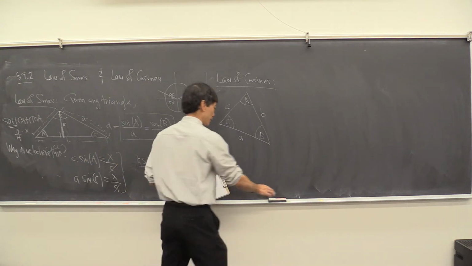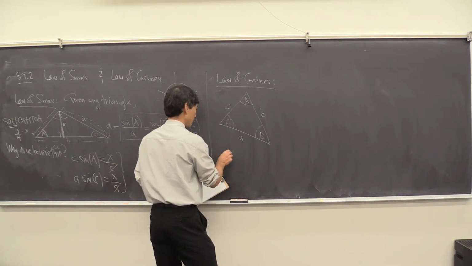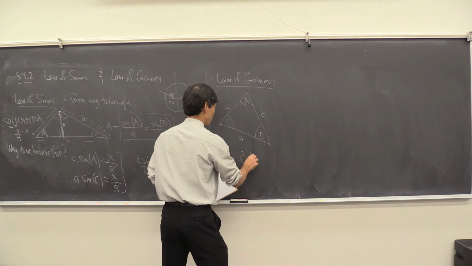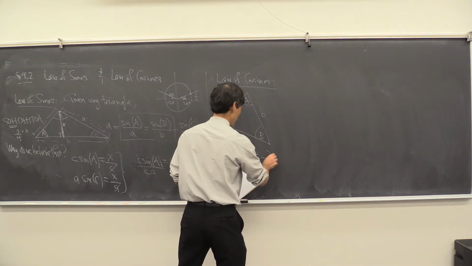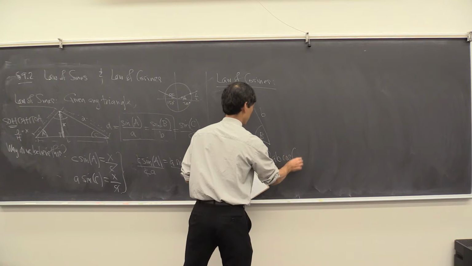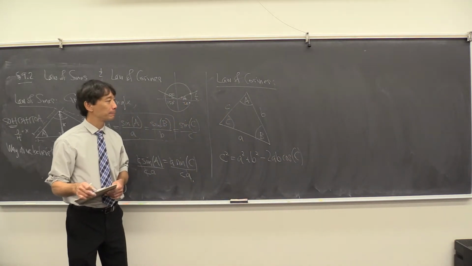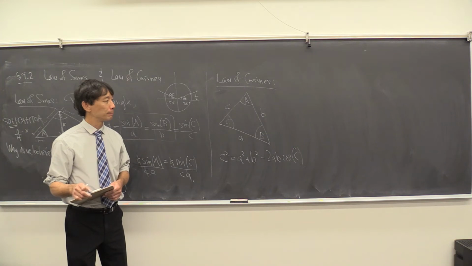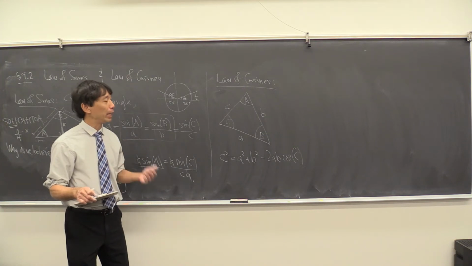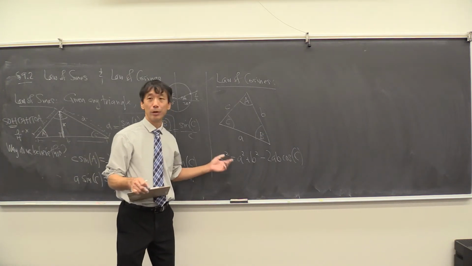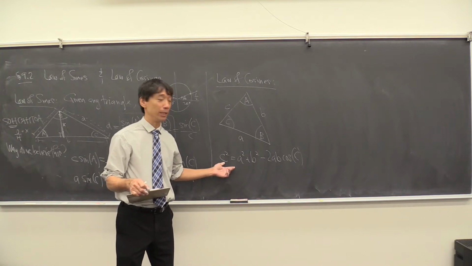And so the law of cosines says the following, that c squared equals a squared plus b squared minus 2ab cosine C. For any triangle, you always have this relation.